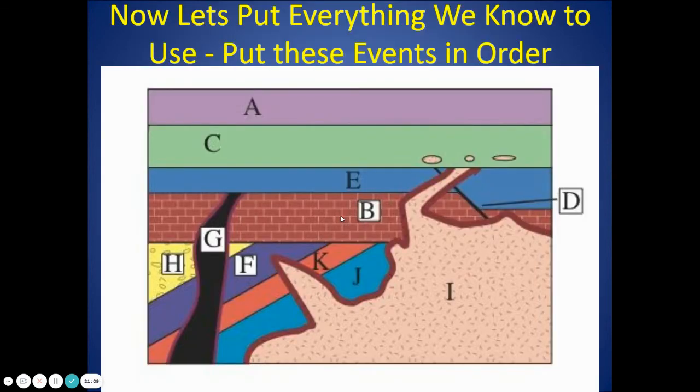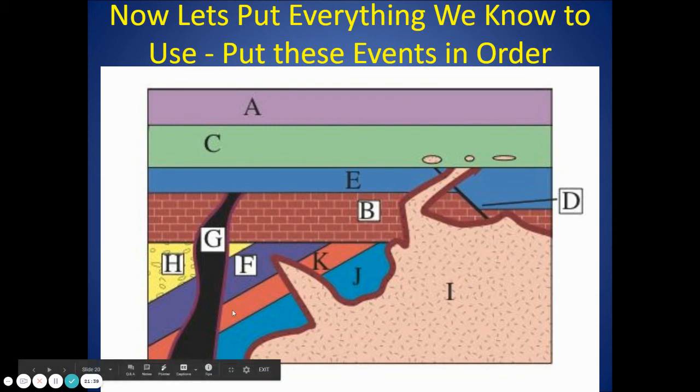So let's try this one. Which one would be the absolute oldest? Even though this guy right here is on the bottom, this is a little special case. This is how a lot of times geologists will write out what a magma intrusion looks like. You see they make these little tick marks everywhere, and that makes it look like little crystals. So remember, this intrusion has to be younger than anything it cuts across.